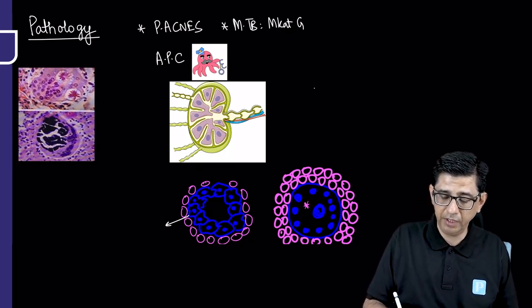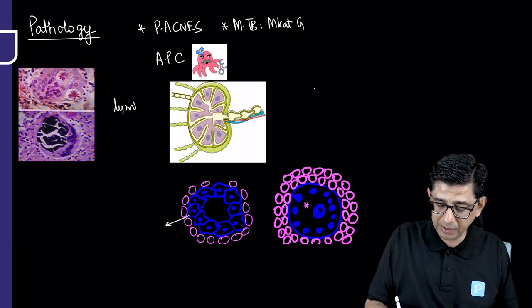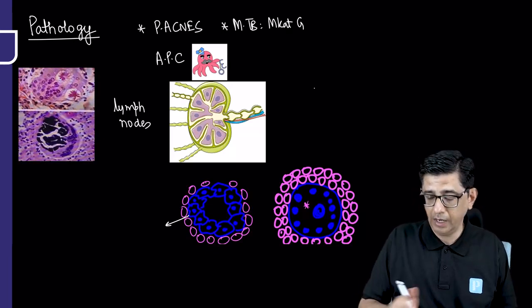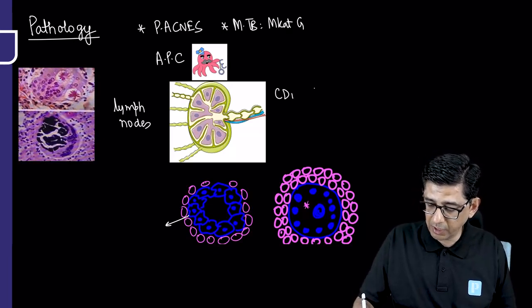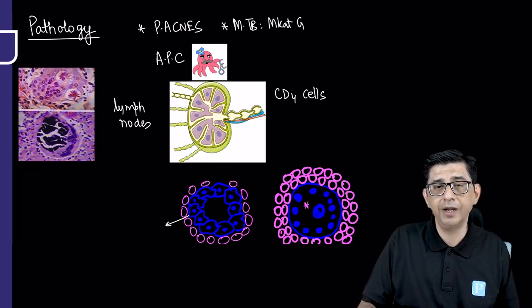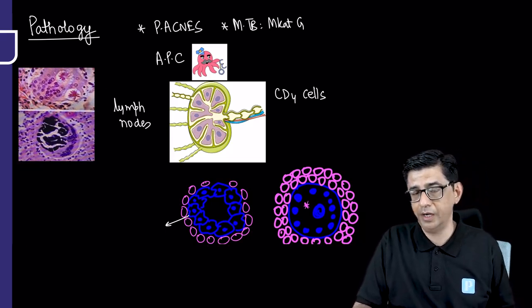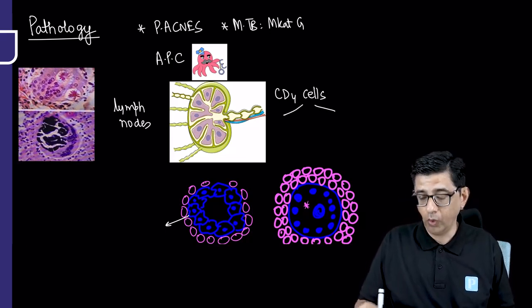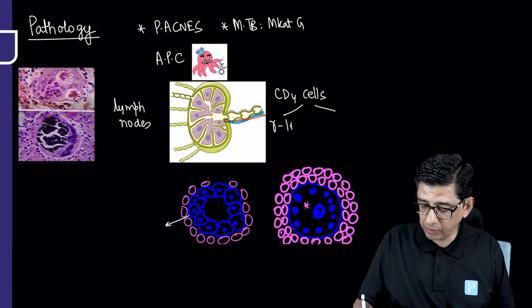These antigen presenting cells are now going to present these antigens to the lymph nodes where the security system is present. And inside the security system, we have the CD4 cells, which are called helper cells. Once they respond to this antigen, that is MCAT-G or the antigen of Propionibacterium acnes, they are going to produce two things. One, gamma interferon, and second, interleukin-2.